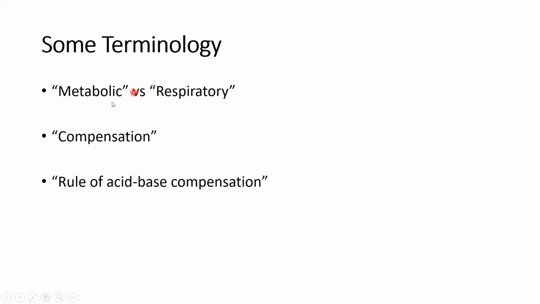So when in this context we mention the word metabolic or respiratory, basically what we mean by metabolic acid-base disorder is that it has to do with the function of the kidney primarily and not the respiration.